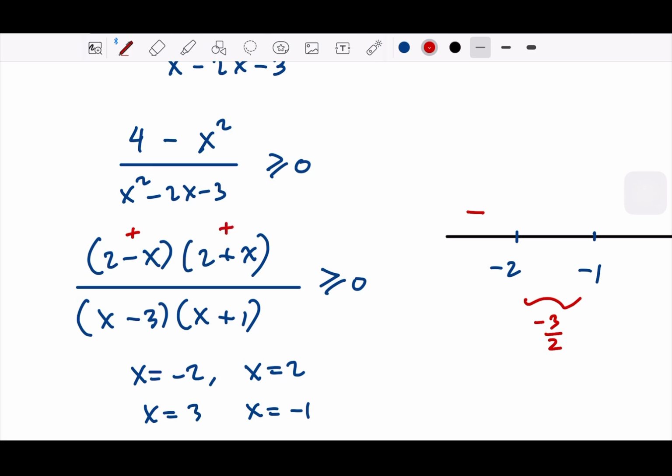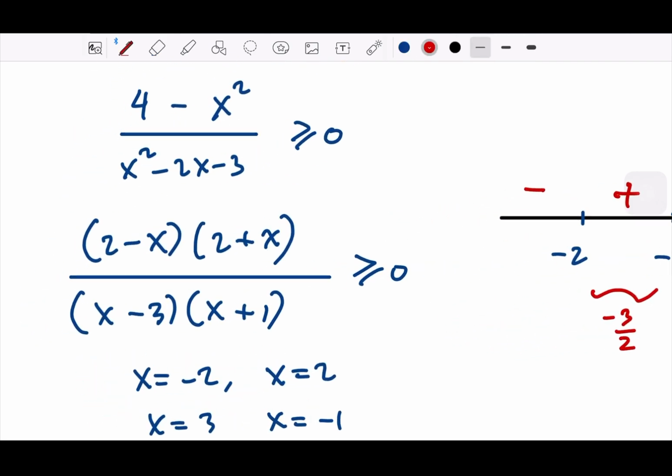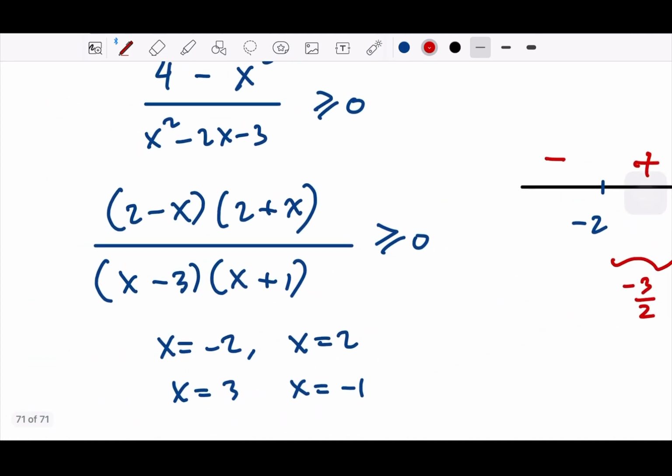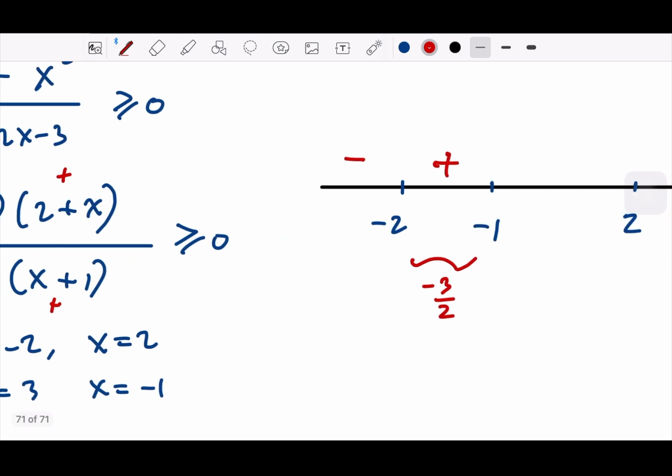Still positive. And then this is negative and negative, so it should be positive. And we could take 0 for the next interval. So 0 is positive, positive, negative, positive. So it's negative.